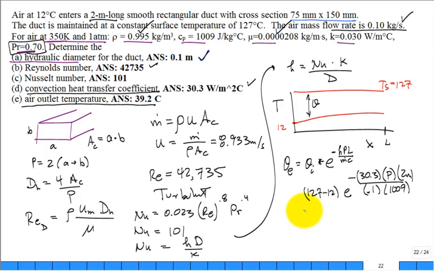And we find that the theta exit comes in at 87.8 degrees C. And then you can back out that the exit temperature is the surface temperature minus theta at the exit. And so the exit temperature comes in at 39.2. At this point, you could update your estimate of the film temperature for this whole problem.